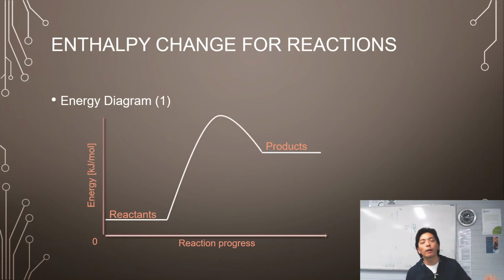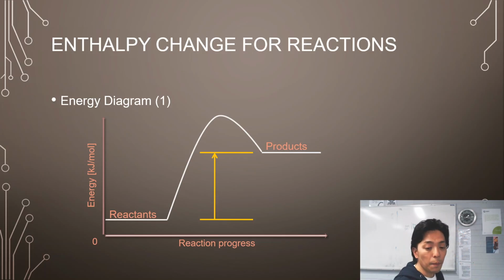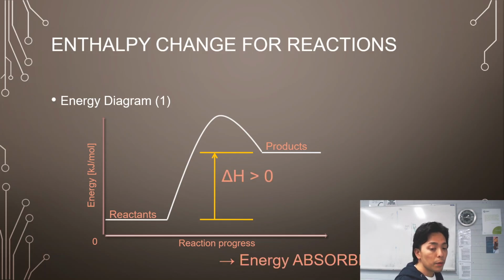Well, it had to go over the big hump there. If you just put the lines next to reactants and products and where it ended up, you can see that energy increased, energy stored increased. So the energy must have been absorbed as well.